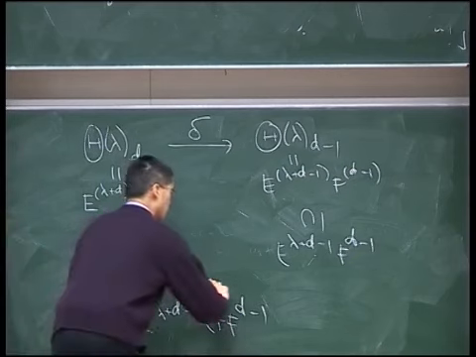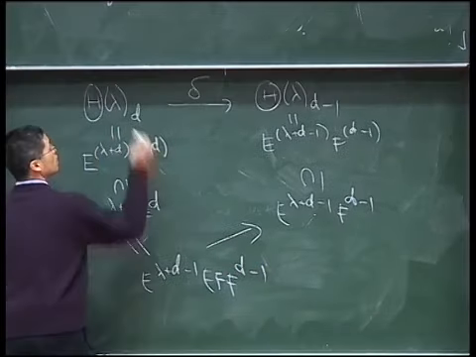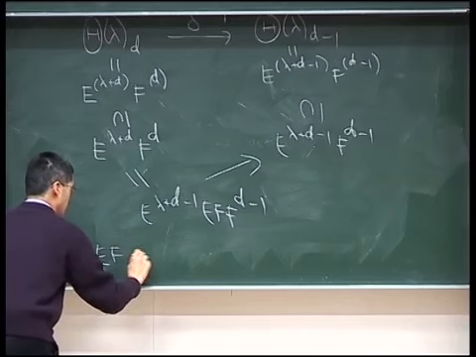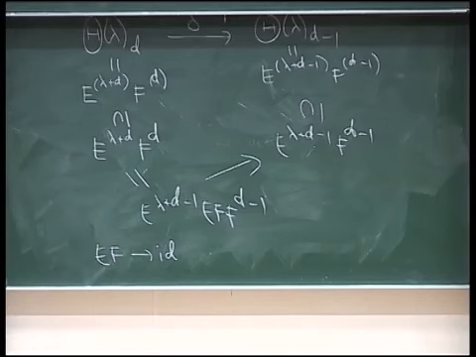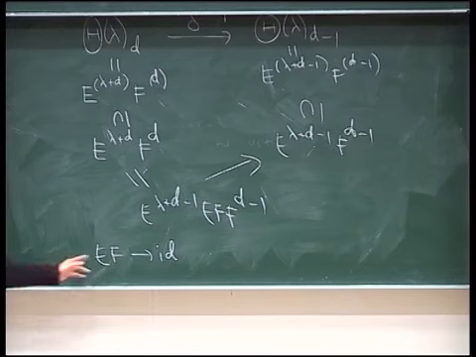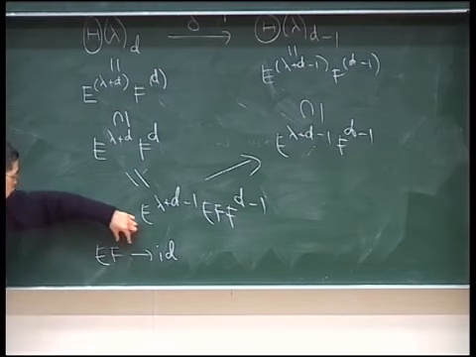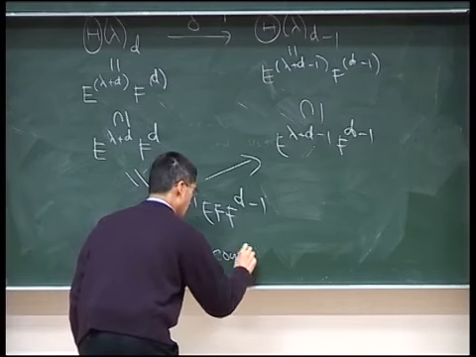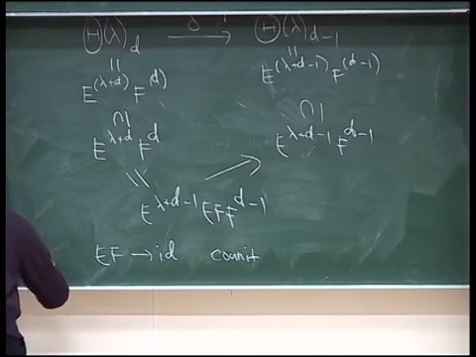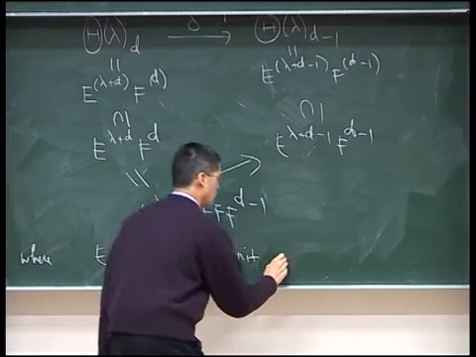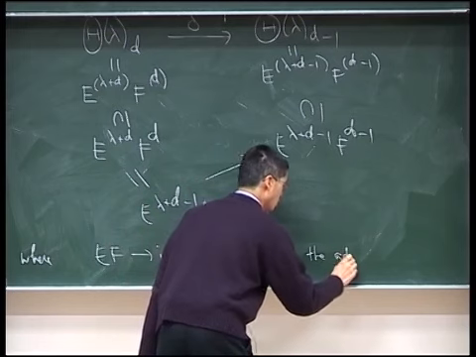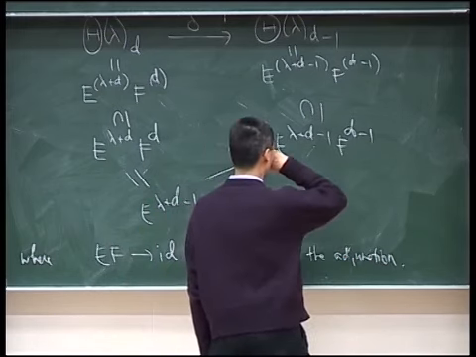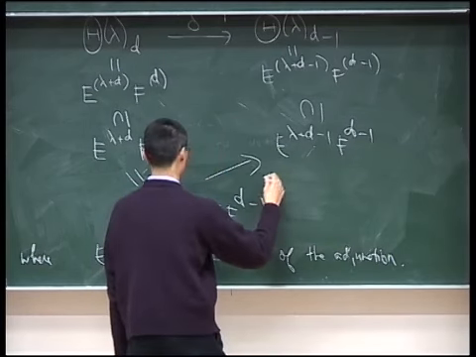So to get from here to here, I'm going to need a map from EF to the identity functor. And of course that's where the adjunction comes in. We can take the co-unit for the adjunction and use that to build the map here.